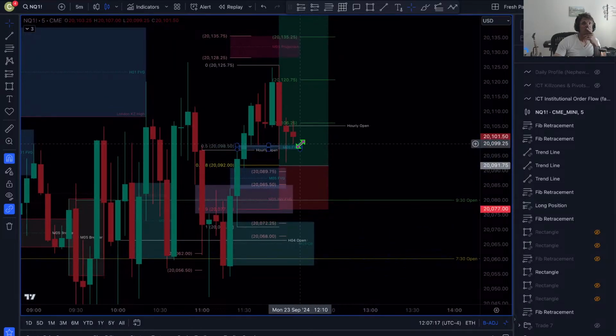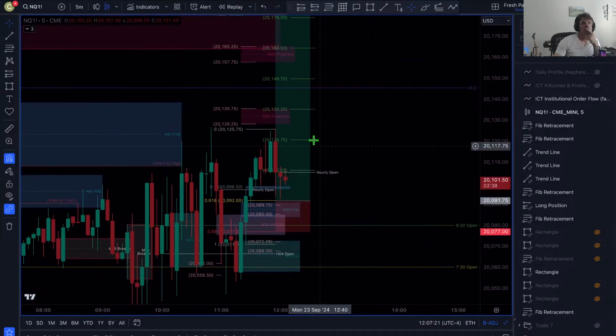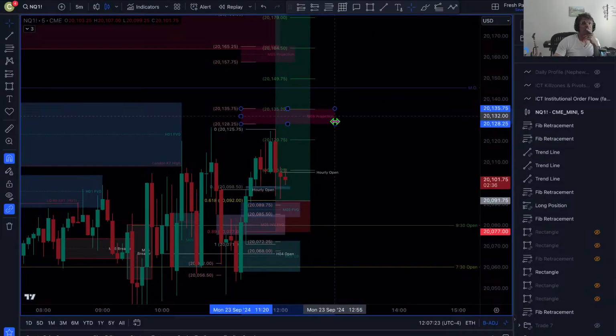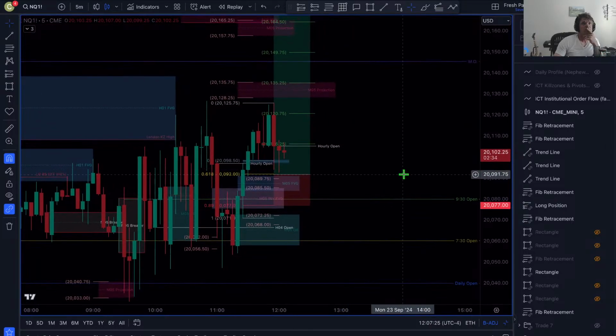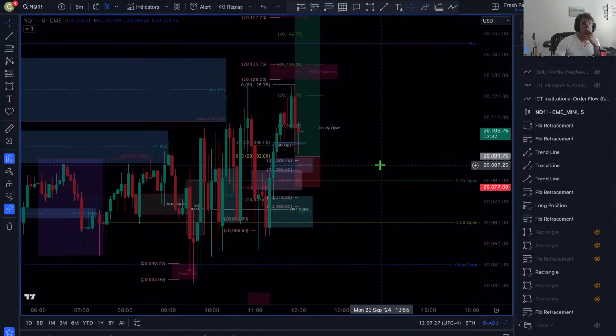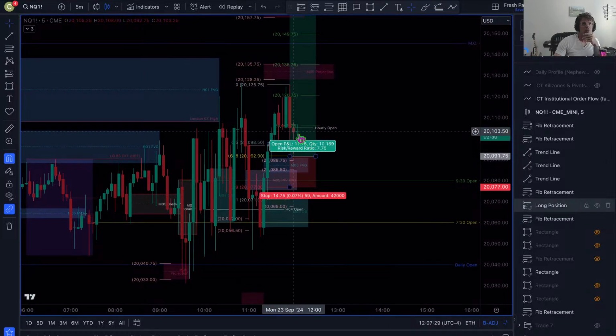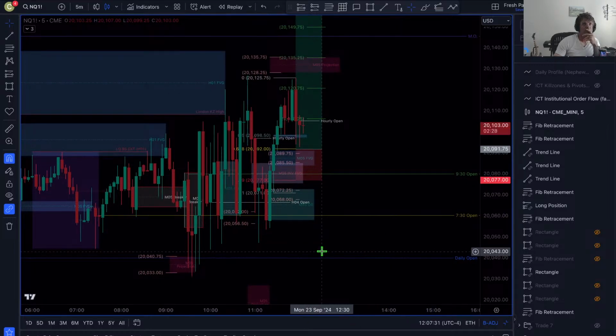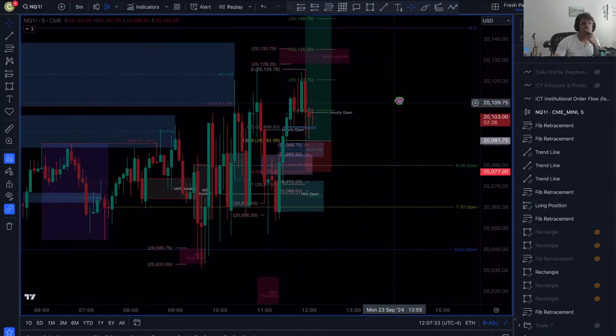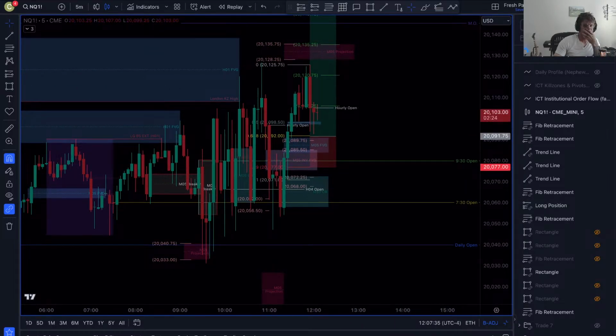What I'd like to see is this just go all the way back into this fair value gap here and go from there, because we haven't hit this jump start target yet. Those first 5 minutes did close down there, so PO3 on this is to the outside is the prediction.